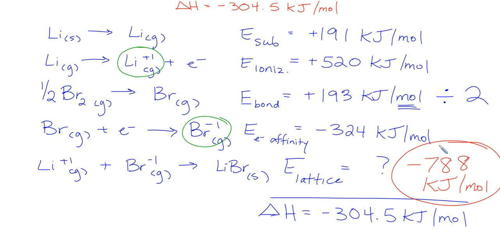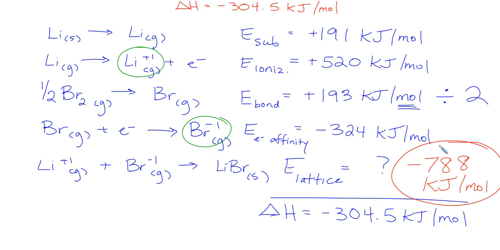Now again, you'll notice that the overall energy change is still exothermic, just not quite as exothermic as that lattice energy value. We actually release an overall energy change of negative 304 kilojoules per mole. But that's because a lot of the steps along the way are endothermic.